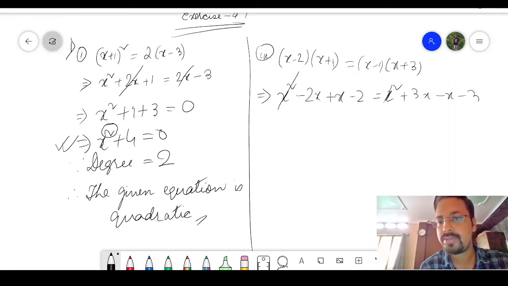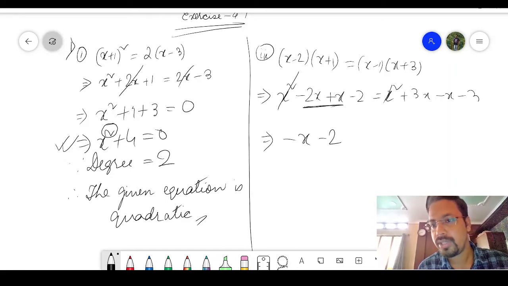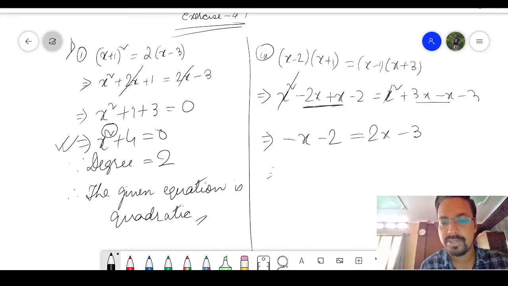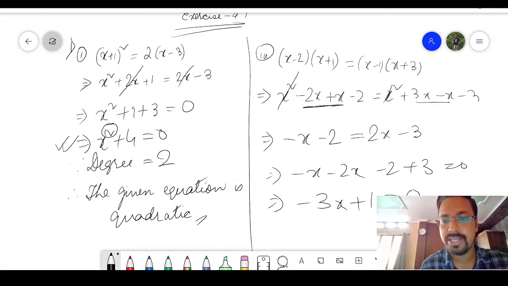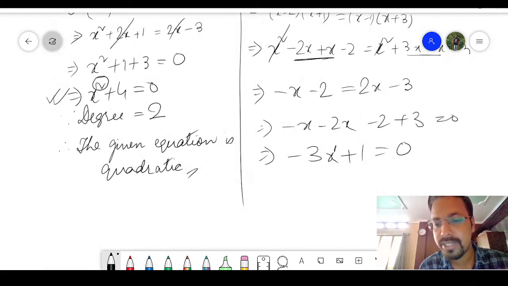So x square will cancel out. We will have here from these two minus x minus 2, and equal to, here we have 2x minus 3. So if we do a side change, minus x minus 2x minus 2 plus 3 is equal to 0. So it is minus thrice x plus 1 equal to 0. So here, what is the degree? The highest power of the variable here is 1.